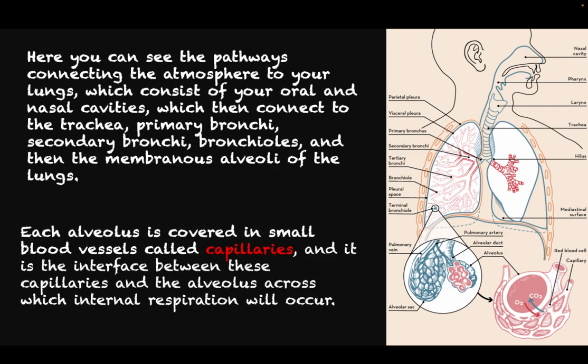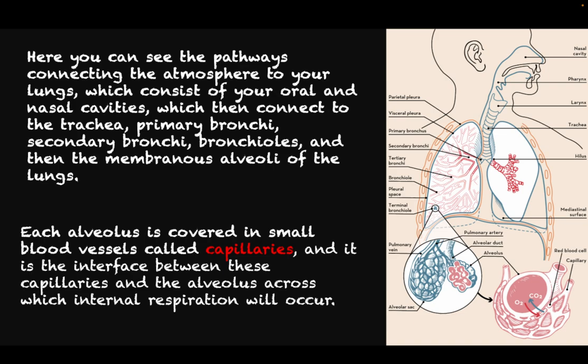And that is going to be the topic of internal respiration, which we will look at next. Each alveolus, which you can see here, is completely covered in small blood vessels called capillaries. So capillaries are by far the smallest and simplest of all the different blood vessels, and that includes arteries and veins as well, which are much bigger.